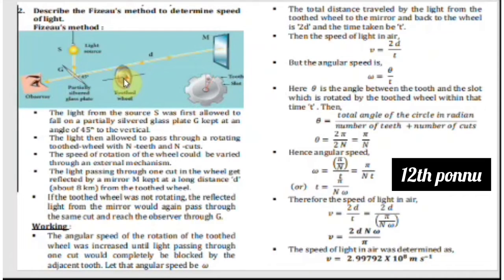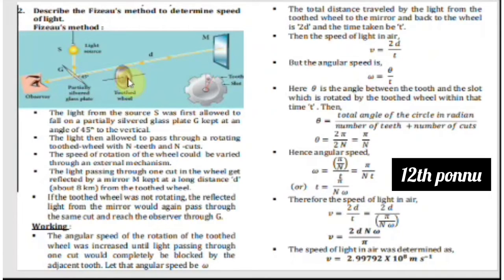The speed of rotation can be varied through an external motor. After passing through the wheel, it falls on the mirror. Afterwards, the light reflects from the mirror and passes through the same cut if the tooth wheel is at rest.